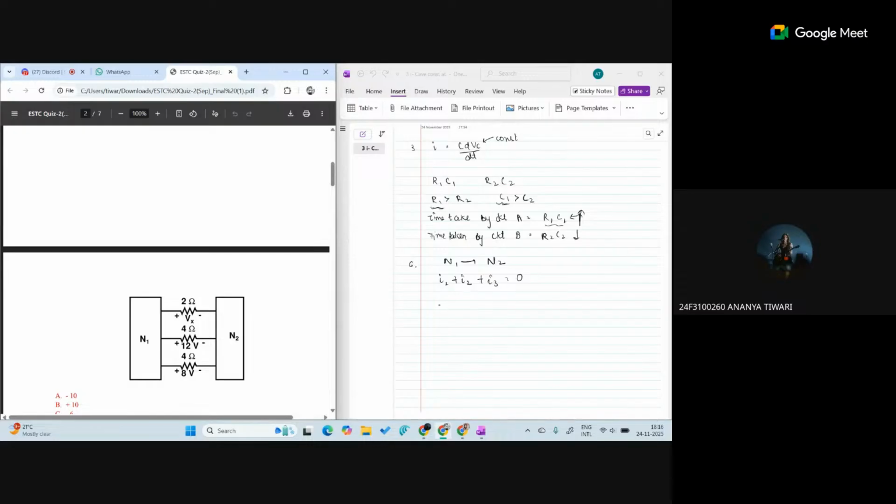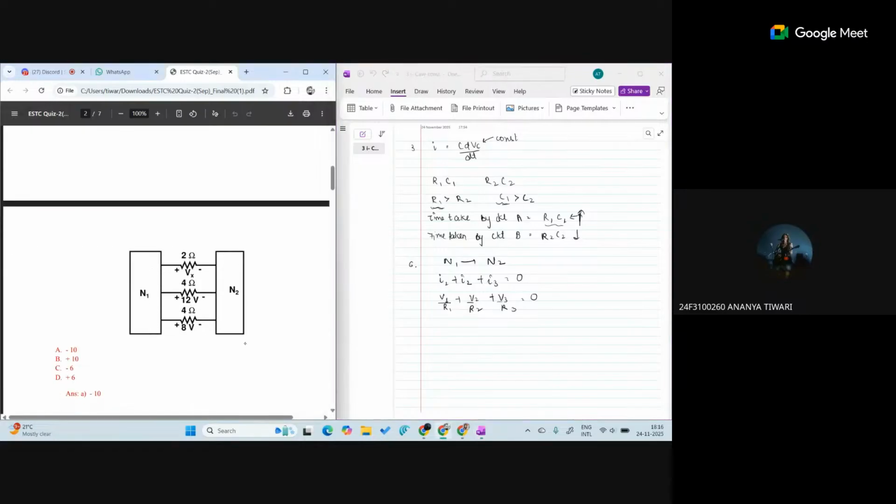Okay. So when we do I1 plus I2 plus I3, what is V1/R1, V2/R2, V3/R3? So what is V1? We'll take this here. 8 volt divided by 4 ohm.